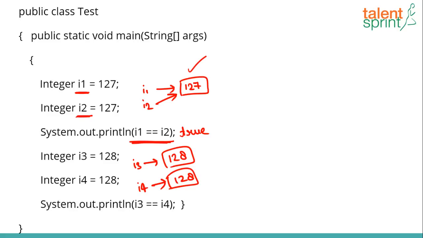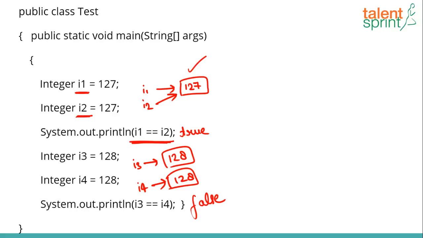So in this case I3 double equals I4 will give you false. Why is this happening? For 127 we have used the same location, and I1 and I2 are two objects pointing to the same location. But in case of I3, I4, as soon as we turn to 128, we have two different objects. So this is the concept of cache working with integers.